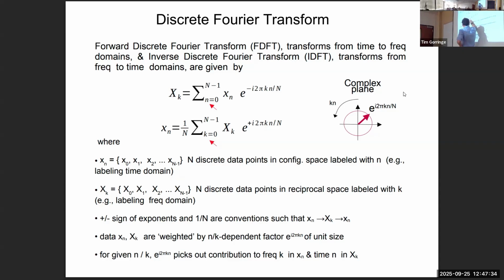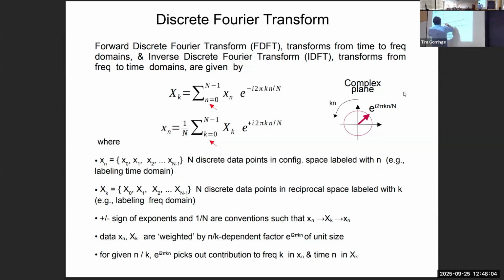So that's the forward transform. And then downstairs here in the second equation, we see on the right-hand side, that's the frequency domain data, and we're determining from it the corresponding time domain data. So over here now on the left-hand side is the time domain data. So those are the two actions of the forward and inverse Fourier transforms.